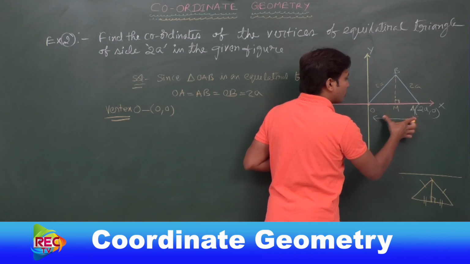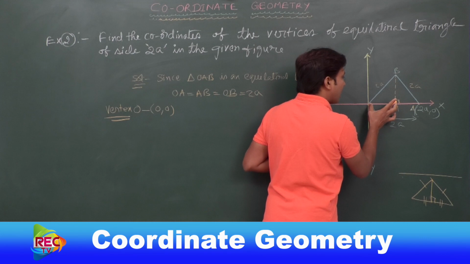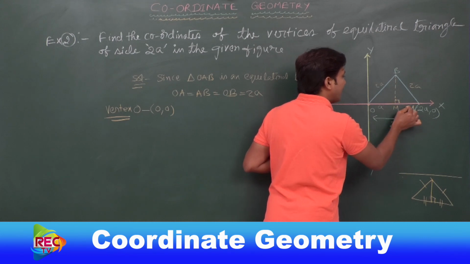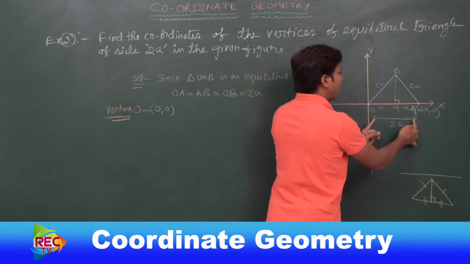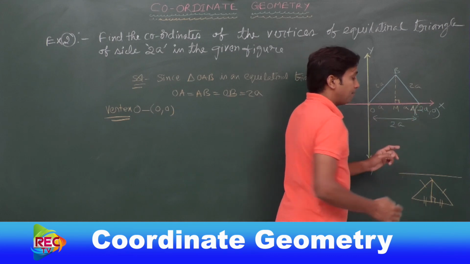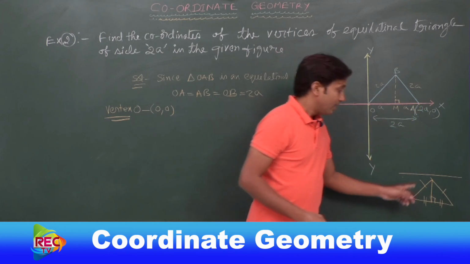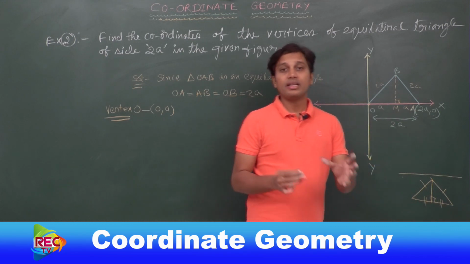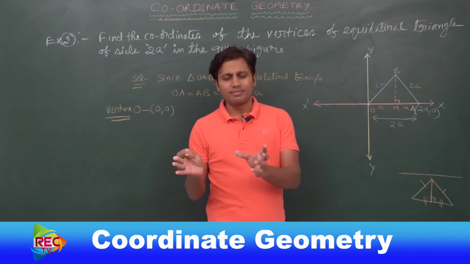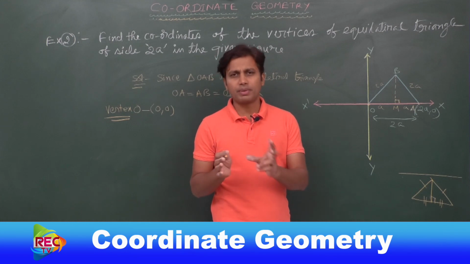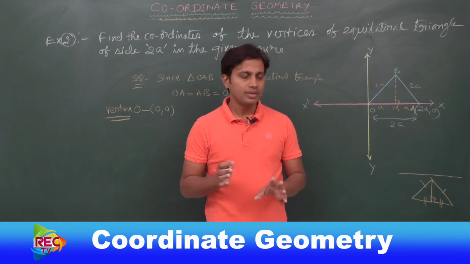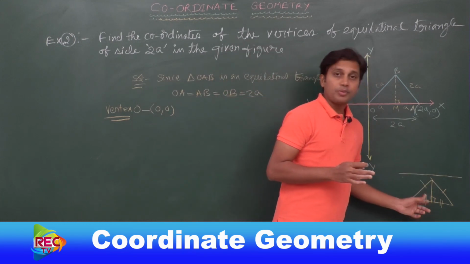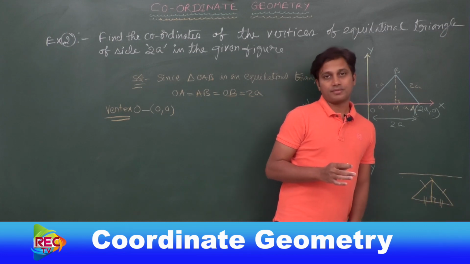The total side is of length 2a, so when it is bisected, the halves would be a and a. The altitude divides the opposite side of an equilateral triangle into equal parts.